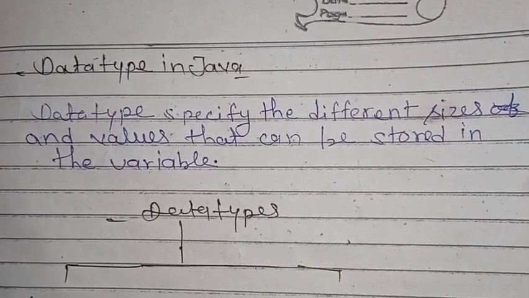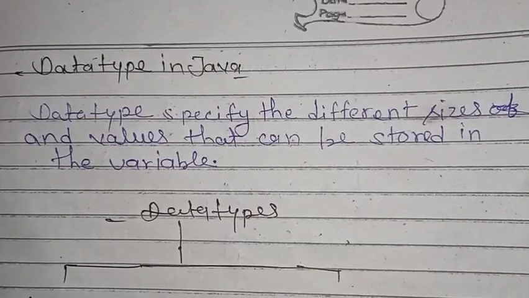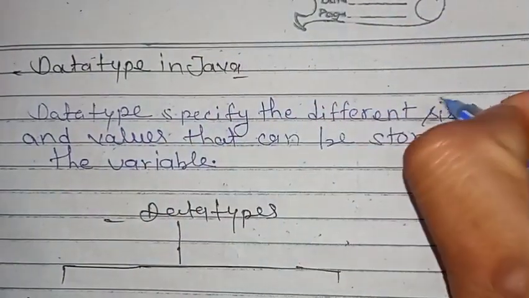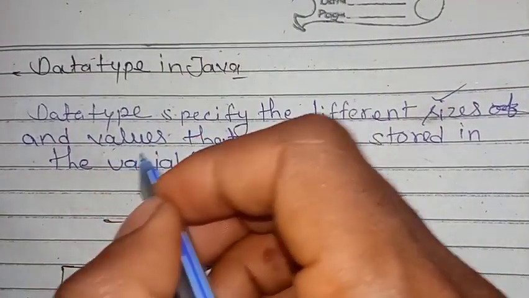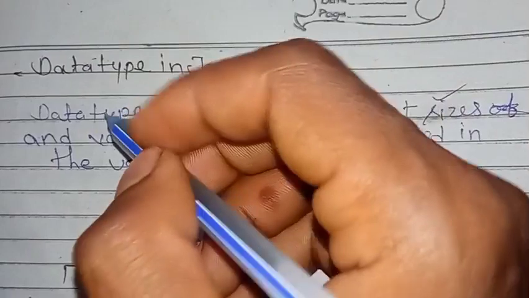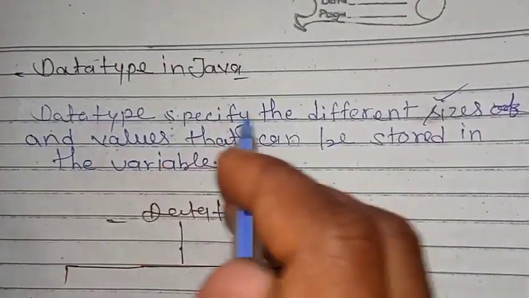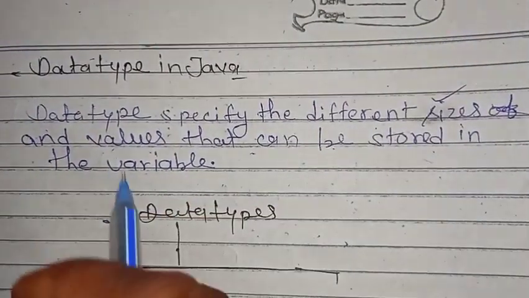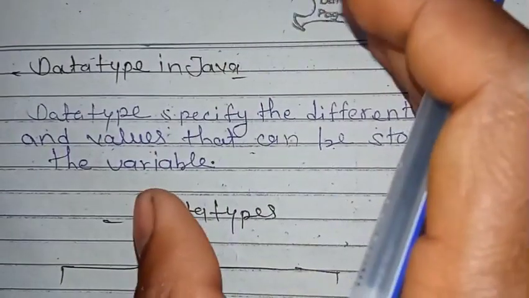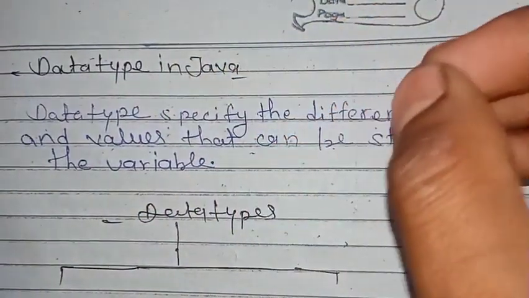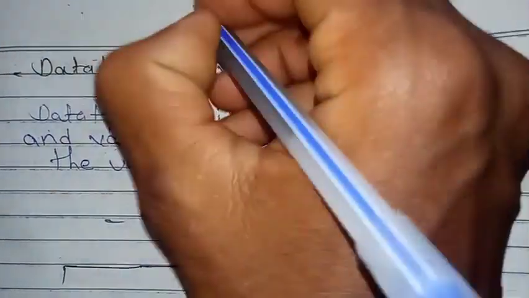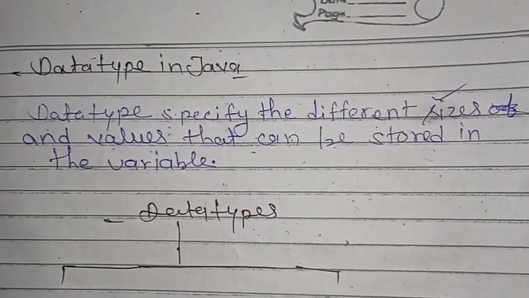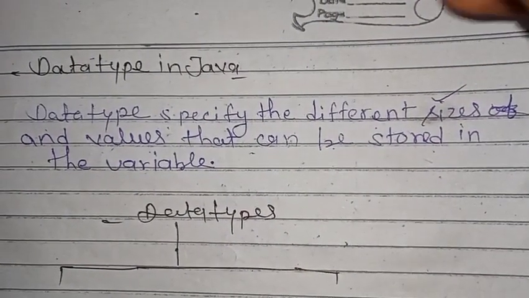Data types are nothing but the specification of a variable's size and value. In Java programs there are some types of variables, such as floating point numbers, characters, or text messages, and these variables have specific values.